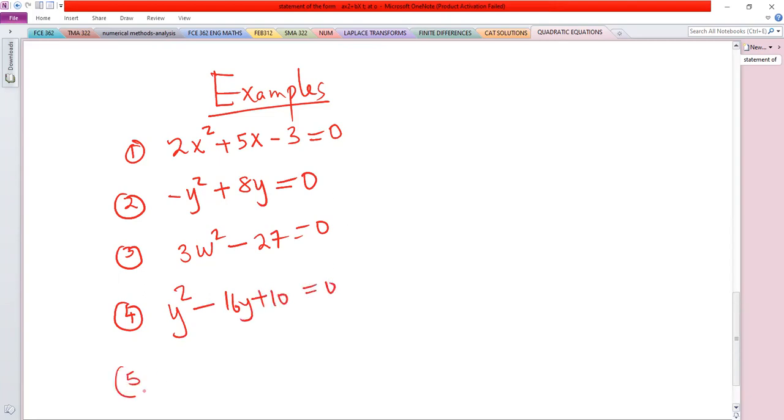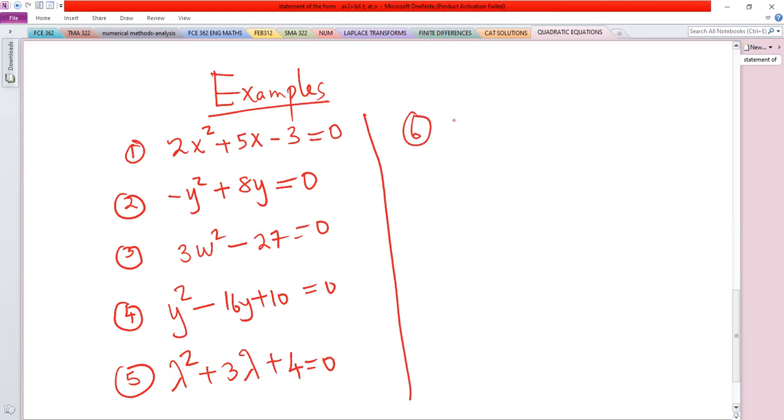Number 5, we can have lambda squared plus 3 lambda plus 4 equals to 0. Number 6, we can have z squared plus 4z equals to 12. Number 7, we can have v squared minus 11v equals to 0.